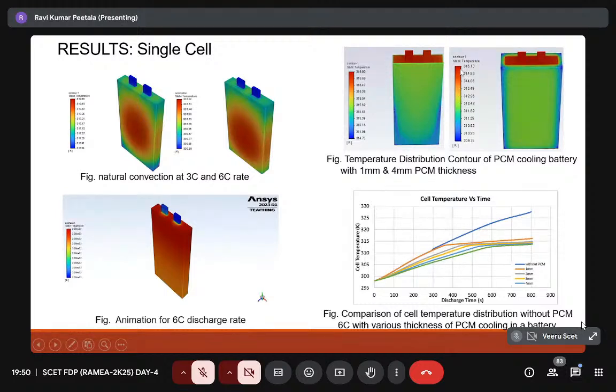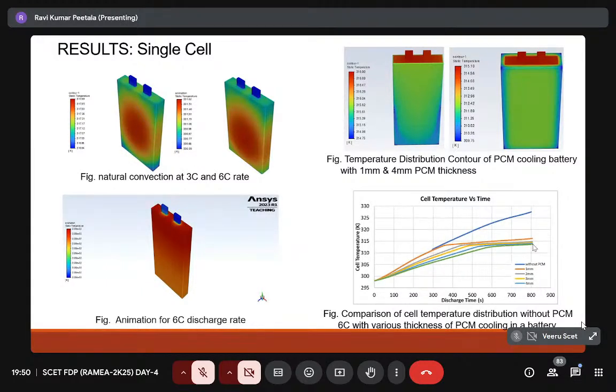Around a 15 degree drop is observed when I use the PCM material. Suppose here it is 340 without PCM at 700 seconds, the temperature is 327. But in the case of the various PCM materials I use, for 1 mm up to 4 mm thickness, it is observed around 314 or 313 temperature at 700 seconds.